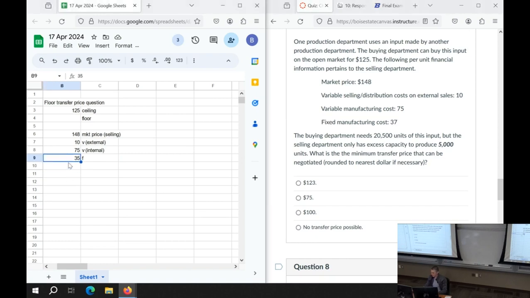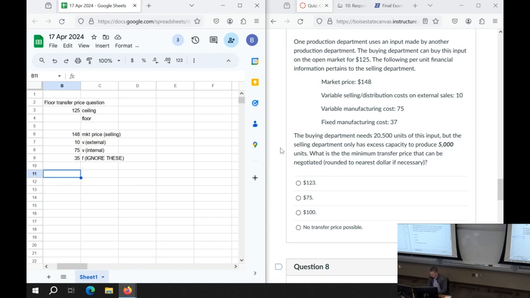Okay, so we're going to ignore these. The only fixed cost we're worried about is the fixed cost of accepting the order from the buying department, which is the lost contribution margin from lost sales. That's our fixed cost that we're worried about.